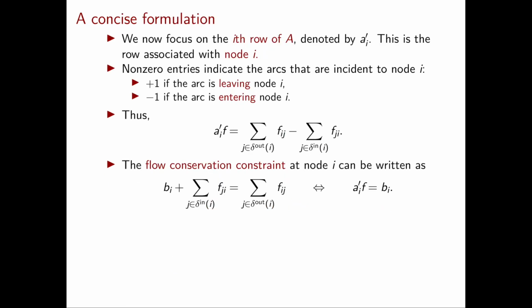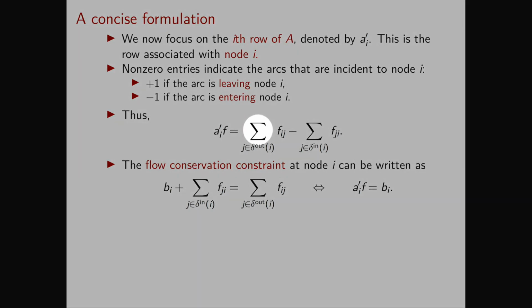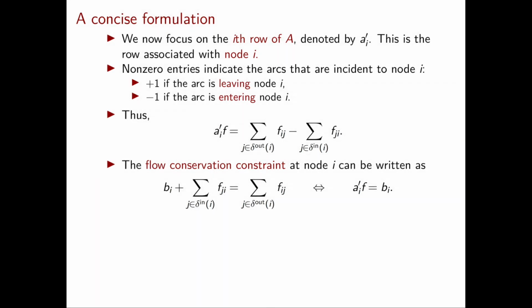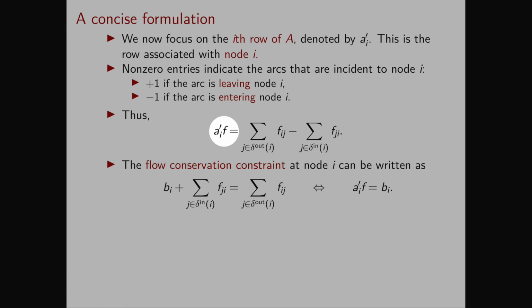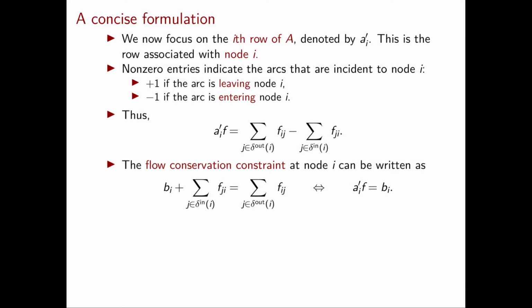This understanding allows us to write in a compact form the quantity sum of f_ij for every j in delta out of i, minus the sum of f_ji for every j in delta in of i. In fact, this quantity is simply the scalar product A_i transposed f, where A_i is the ith row of our node arc incidence matrix.